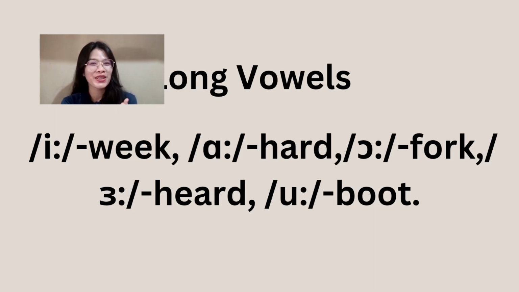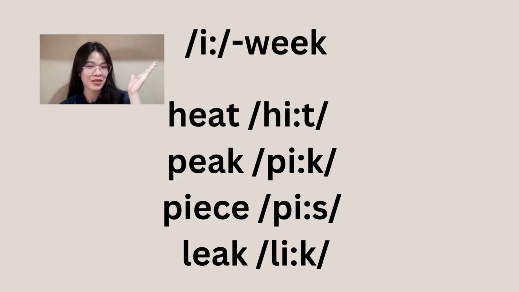Now let's move on to the long vowel sounds of English. So we do have the long E, the long A, the long O, the long ER, and the long U. Long E sounds. So we do have that like week, heat, peak, peas, leak.